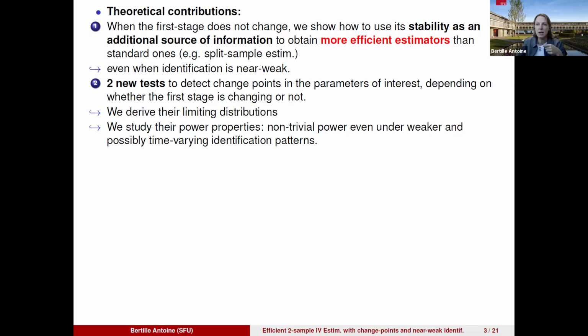In many cases, what we propose is following the line of what has been done in the past in a sup-Wald test or some other type of Wald test. And what we are able to do is to derive the limiting distributions under the null and under the alternatives. So characterize the power properties and show that the power is non-trivial even when we are facing weaker identification, even when identification may be changing throughout the sample.